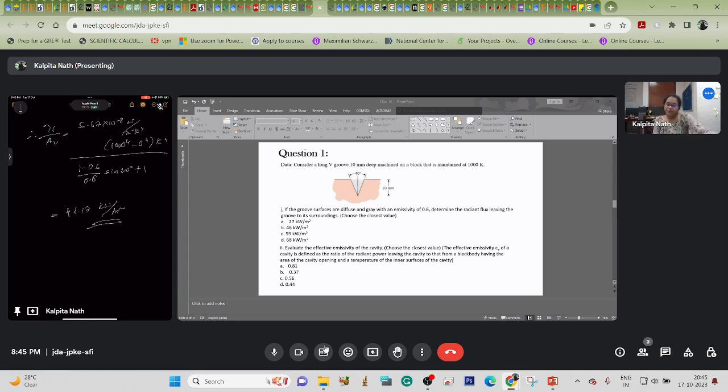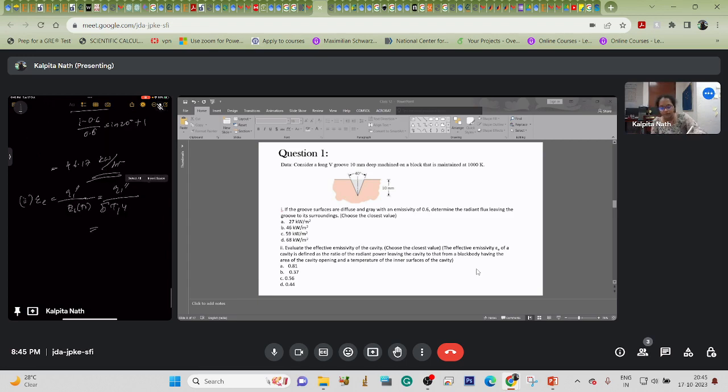Now for part 2, we need to evaluate the effective emissivity of the cavity. The emissivity of the cavity is defined as the radiant power leaving the cavity upon that of a black body with the area of the cavity opening. So this is Q1 upon area, which is emissivity times sigma T1 to the power 4, that means this upon sigma T1 to the power 4 for a black body.